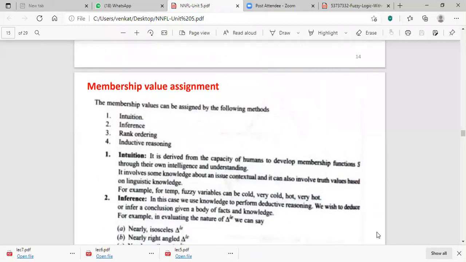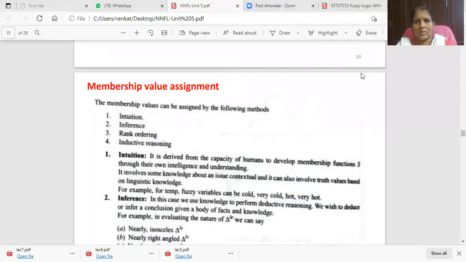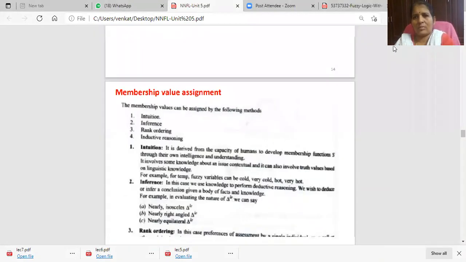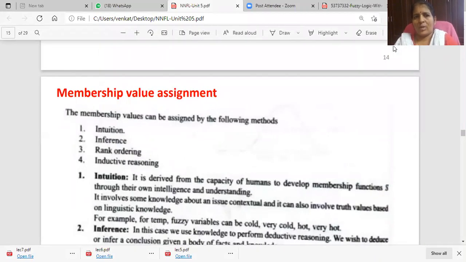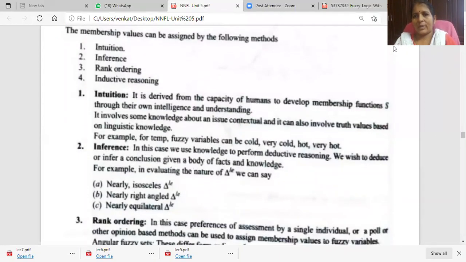Membership value assignment. In the last class, we stopped at this point. The membership value can be assigned by the following methods. Usually we have intuition, inference, rank ordering, and inductive reasoning.